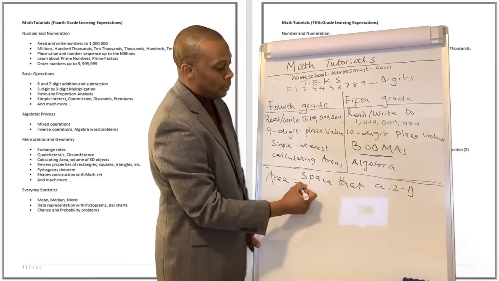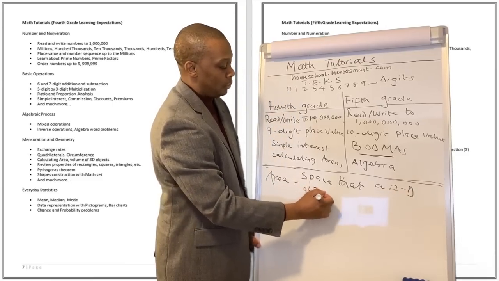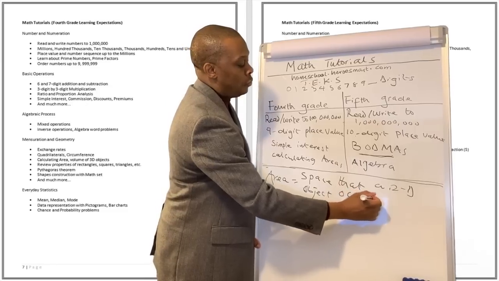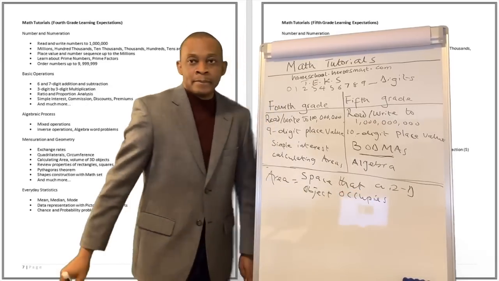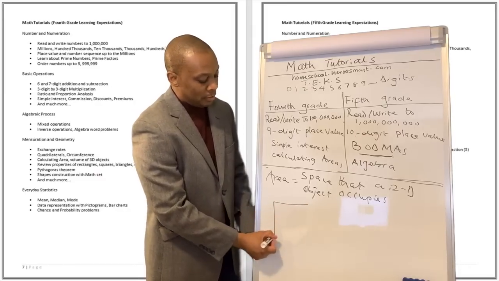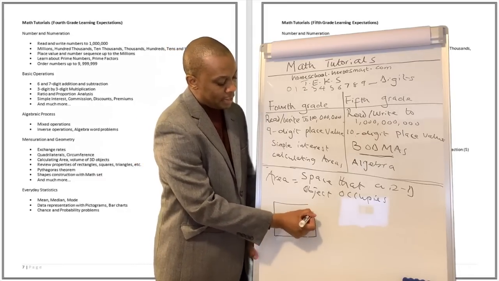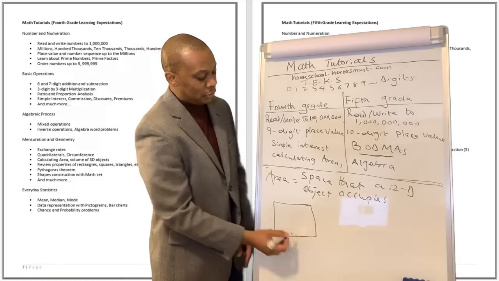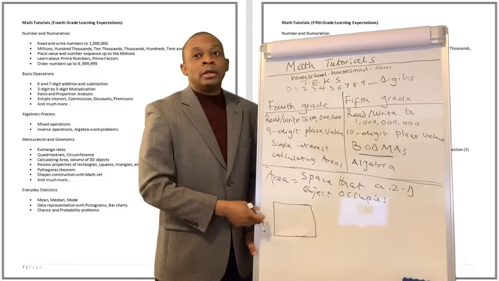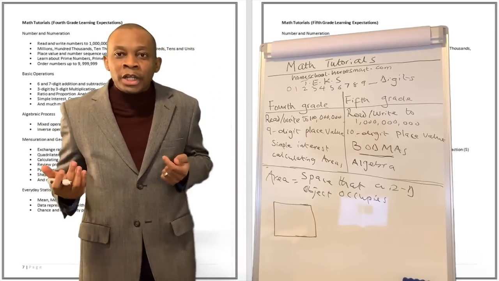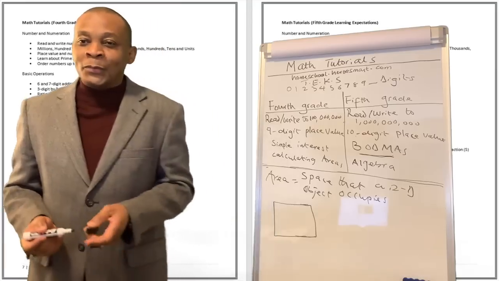A 2D object occupies. So if you have a 2D object like a rectangle like this, for example, how much space will this rectangle occupy on my board? Well, that's the area of that rectangle.